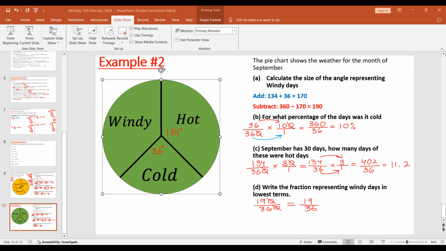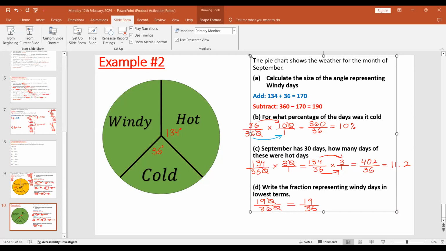And for C, the question is asking us to find, September has 30 days. How many days of these were hot days? So we say 134 over 360 times 30. The reason why we have to multiply by 30 is because the question says September has 30 days.